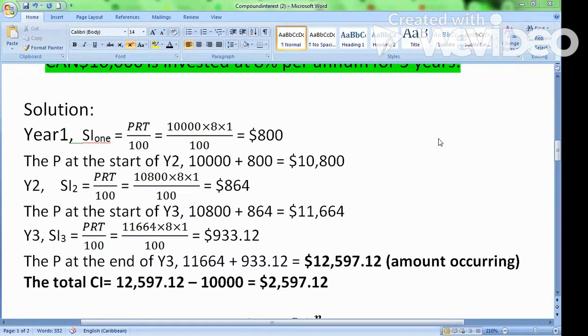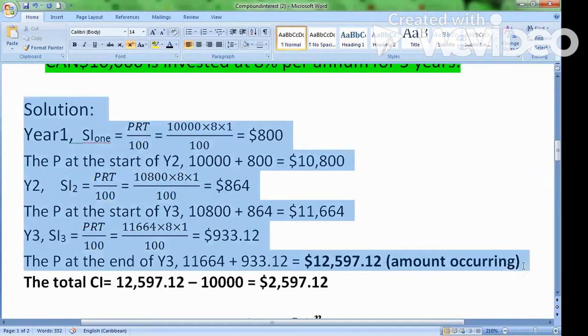But that's the correct answer, sir. So, sir, if I work it out this way, would it be 10,000 times 8 times 3 over 100, right? Hold on. Did you see where I went wrong here? That's what I wanted to do. Look at this first. Check to see if you get the numbers.